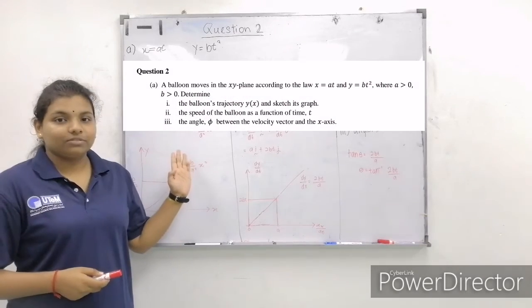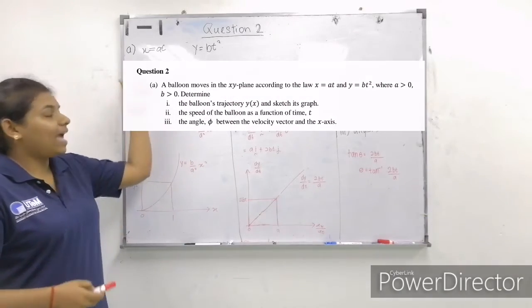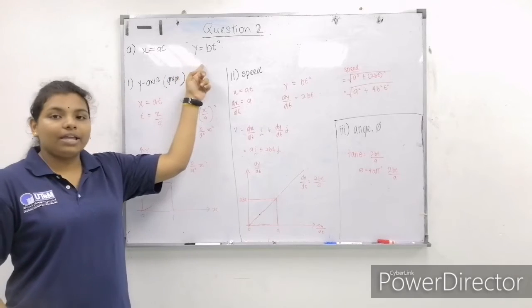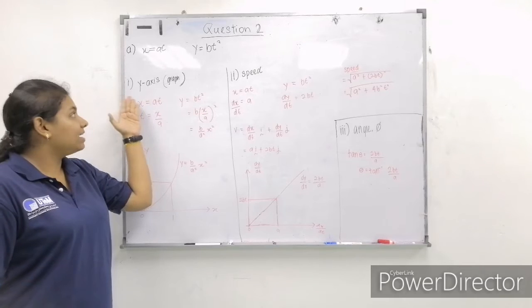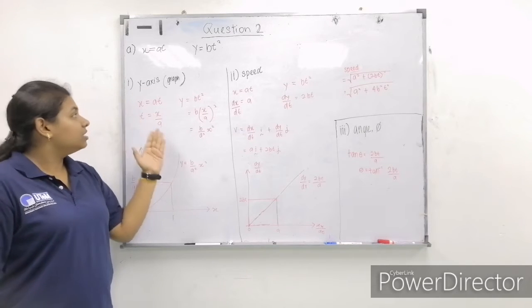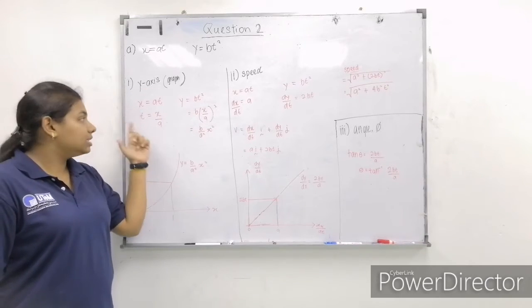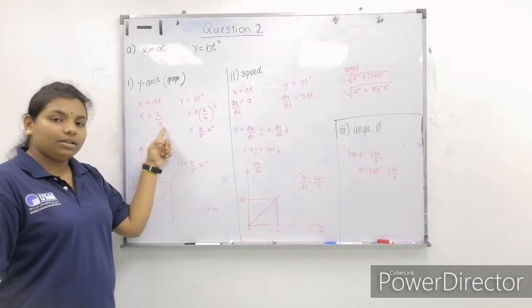Question 2 shows that x equals at, and y equals bt squared. For the first part, we will find the x-axis to plot the graph. So x equals at, t equals x over a.